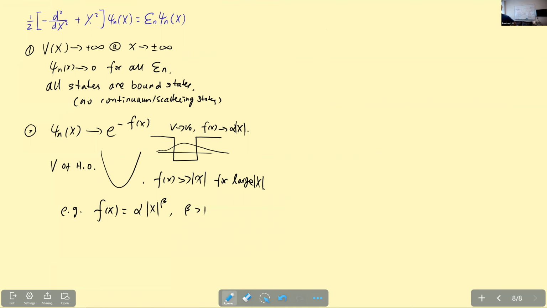And also, we have this potential to be symmetric, right? That means the parity is a good quantum number, or each state should have definite parity.